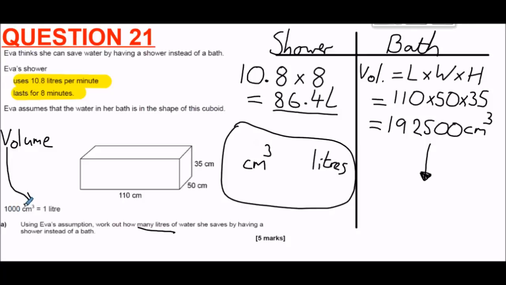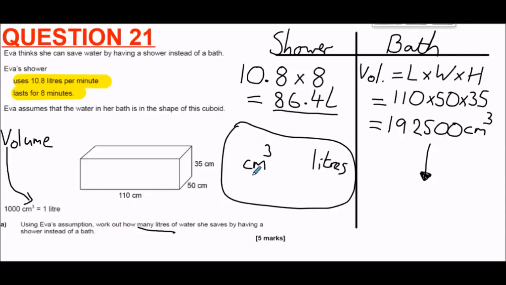So because this one is in the form n to 1, which just means that one number is not 1, the other number is 1, we can change from one unit to the other by either multiplying or dividing by the number which isn't 1. The number that isn't 1 here is 1,000.